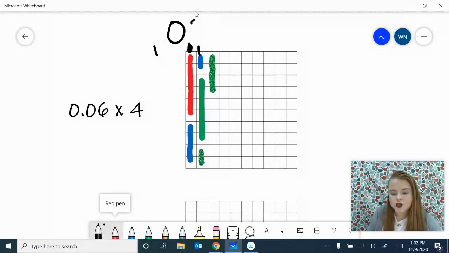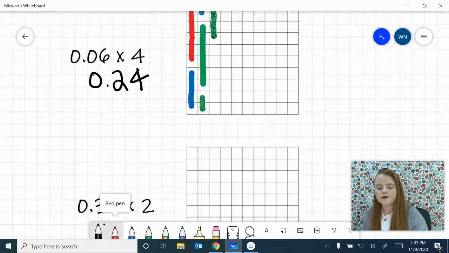I've got 2 complete tenths and 4 completed hundredths. So I don't have a whole one. I've got 2 tenths and 4 hundredths. So my answer to 6 hundredths times 4 is 24 hundredths.